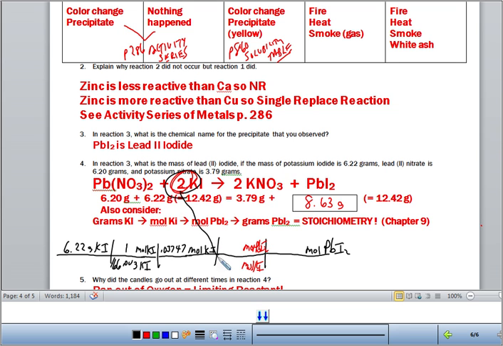So, we have 2 moles of potassium iodide to the understood 1 mole of lead 2 iodide. So we divide our answer by 2, and what do we get? 0.01874.